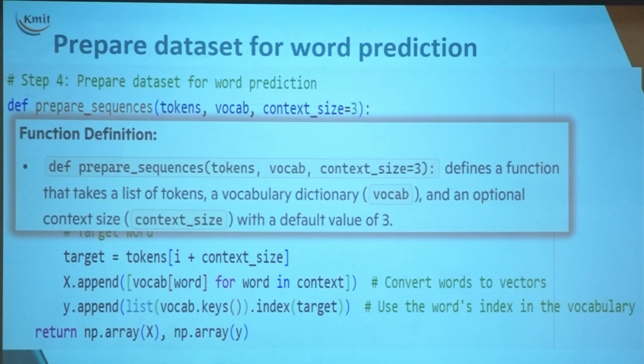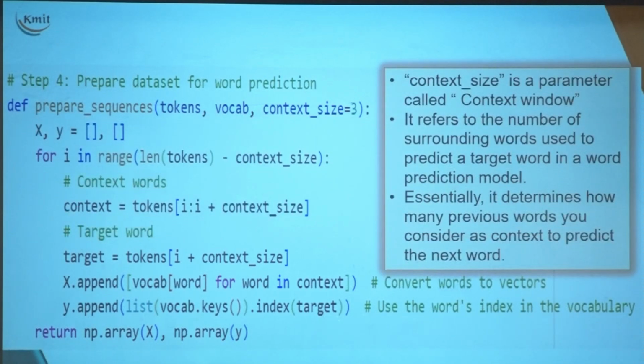So what is this? The function definition is prepare sequences. It defines a function that takes a list of tokens, a vocabulary dictionary, and an optional context size. By default, here it is 3. Now, what is this context size that I was talking about? Context size is a parameter called the context window.